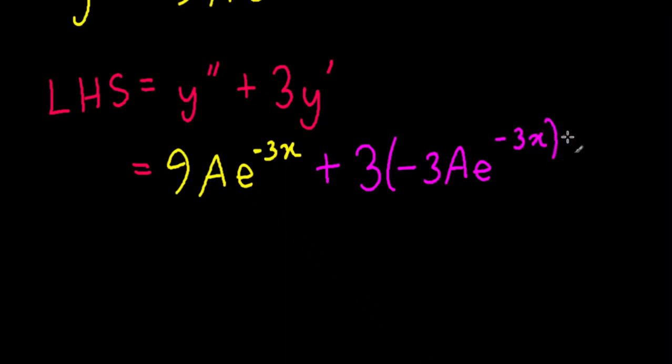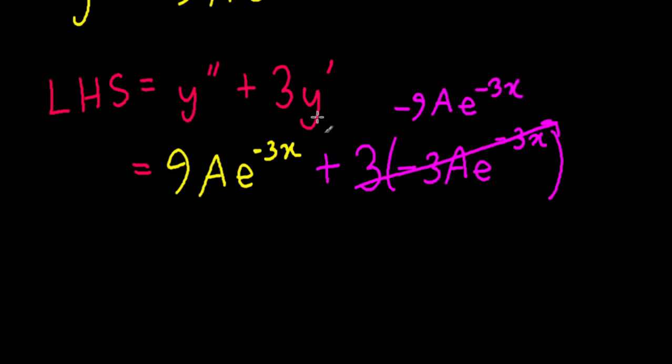So this is basically 3 times negative 3, which is negative 9. So what you have here is negative 9a e to the power minus 3x.